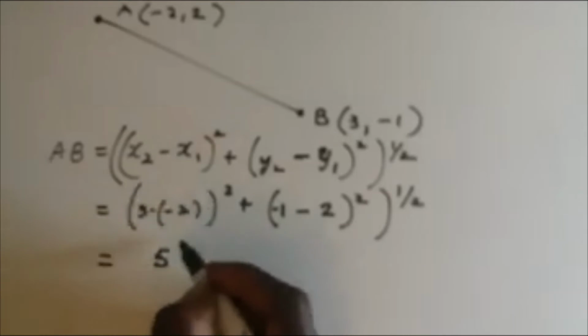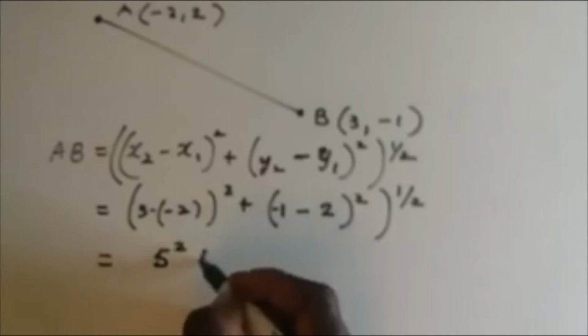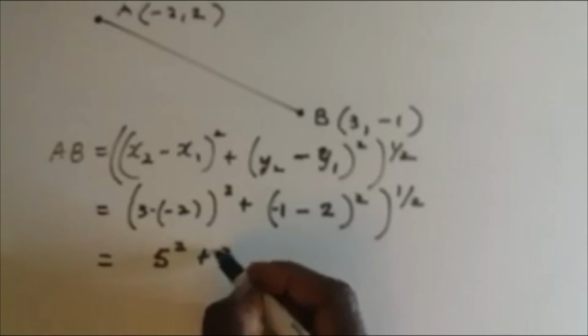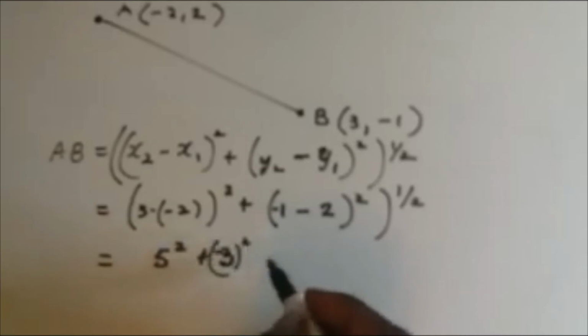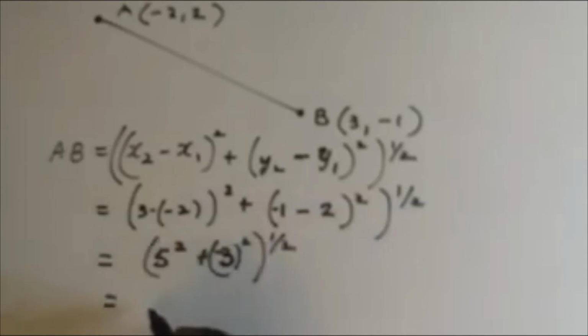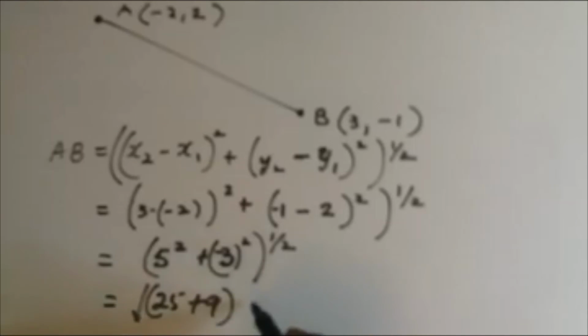This gives us 5 squared, add 3, or minus 3 squared, to the half, which is equal to 25, add 9, and we find the square root, which is equal to approximately 5.83.